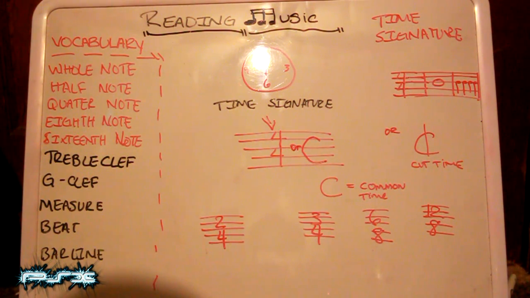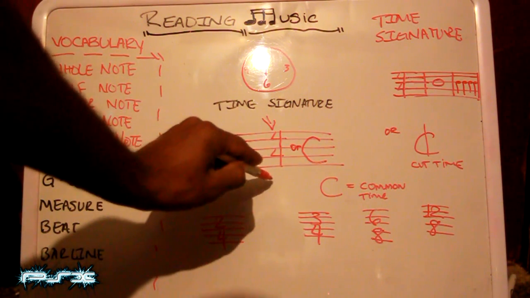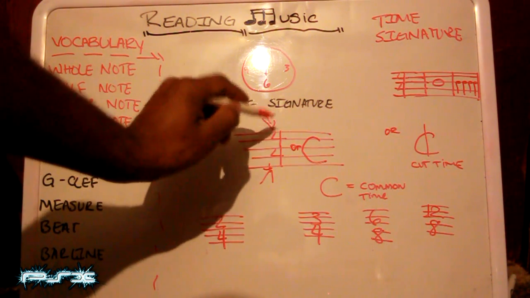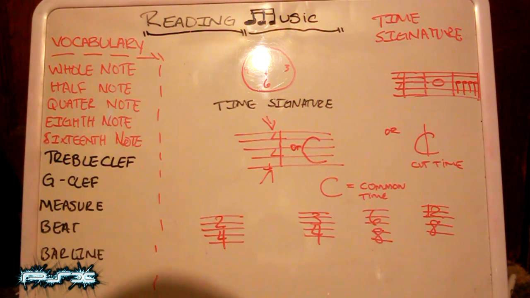It's going to be 4 beats per measure, but what note appears 4 times? The quarter note. So there are 4 quarter notes per measure. The 4 is depicting the quarter note.